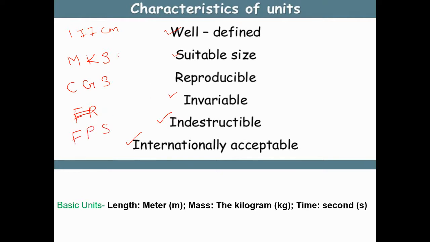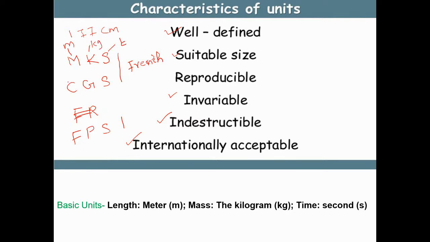These 2 systems were given by the French people. The French people use this measurement, but the last one is by the British. Here the M stands for meter, K stands for kilogram, and S stands for second, the unit of time.